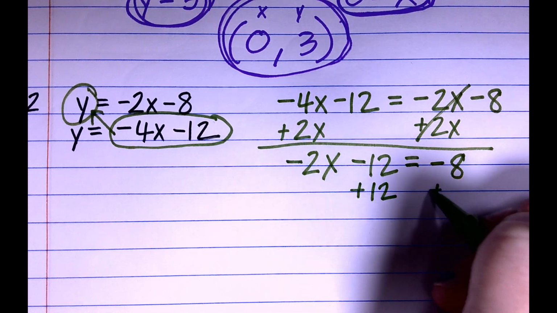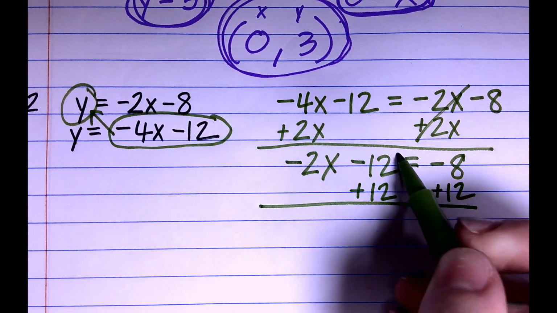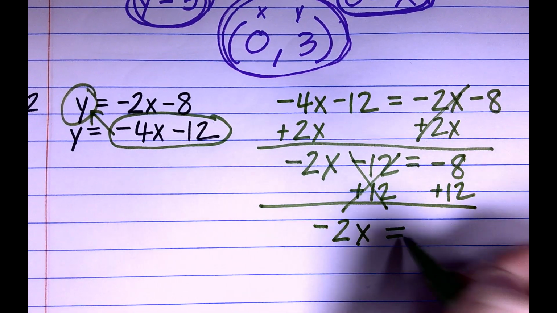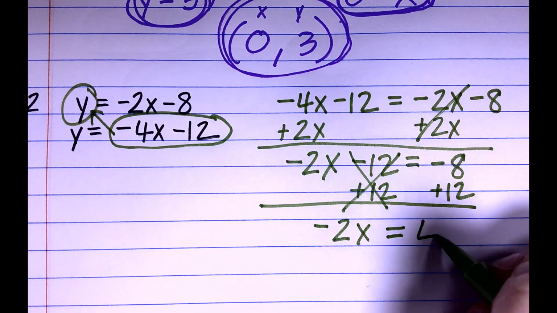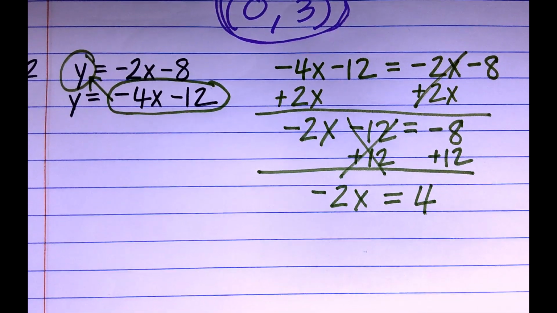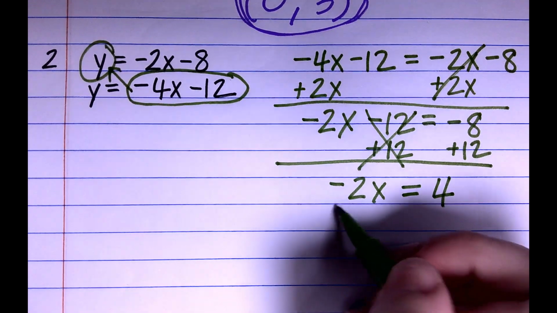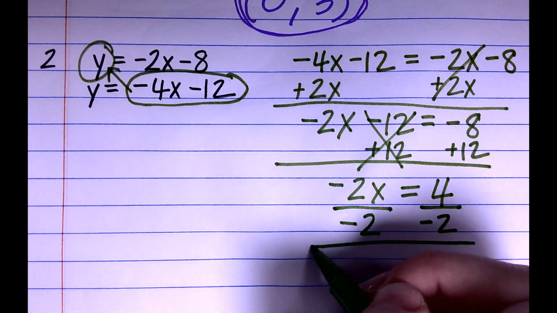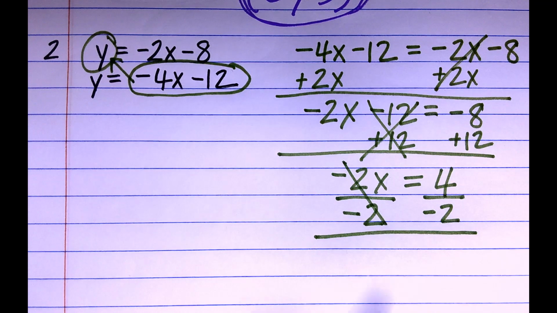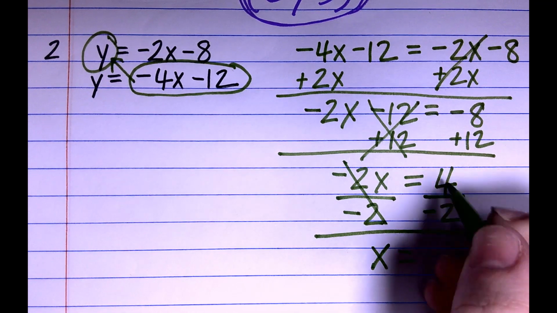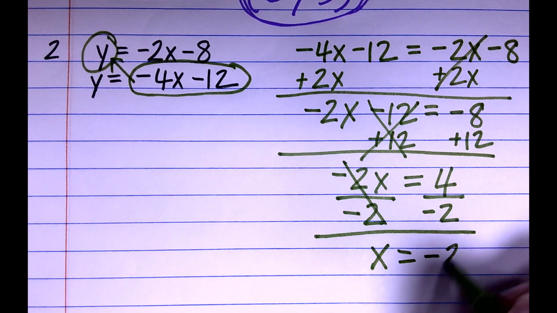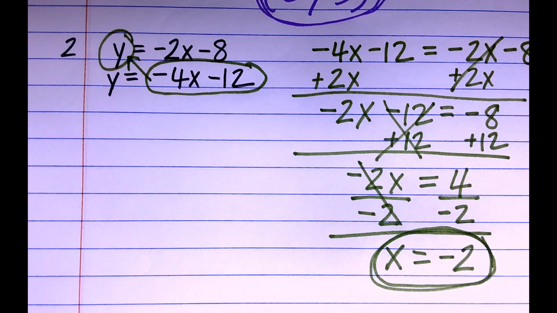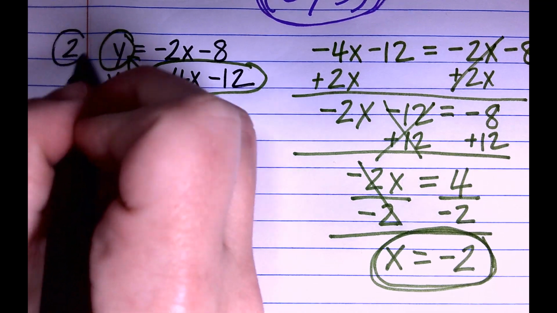Add 12. Right? My 12s will cancel. I'll bring down negative 2x equals negative 8 plus 12 is 4. And our very last step, we'll divide by negative 2. Right? So those will cancel, and we will get x equals 4 divided by negative 2 is negative 2. So for number 2, our x value should be negative 2.